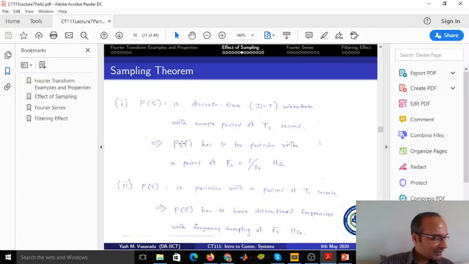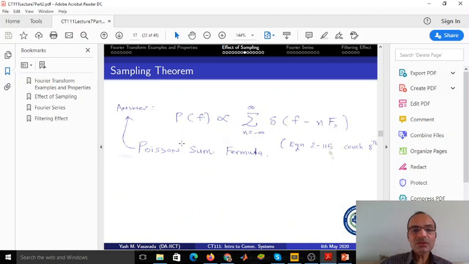And if we infer that from this argument, it wouldn't be entirely wrong. That is what is shown here: if I take the Fourier transform of small p of t, I get this capital P of f, and it also is a train of impulses, except now that train of impulses is separated by multiples of capital F s.